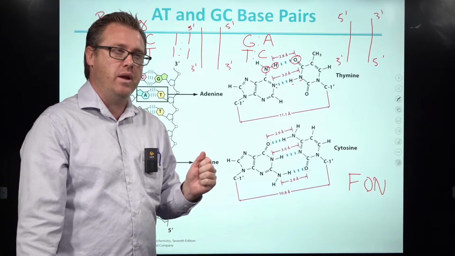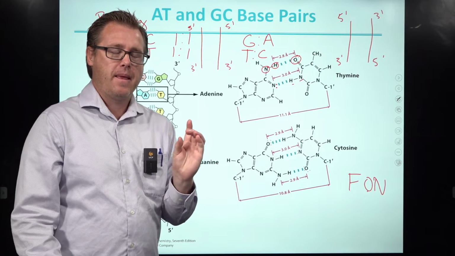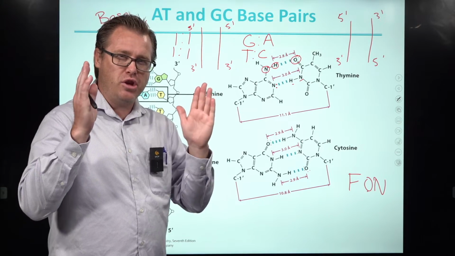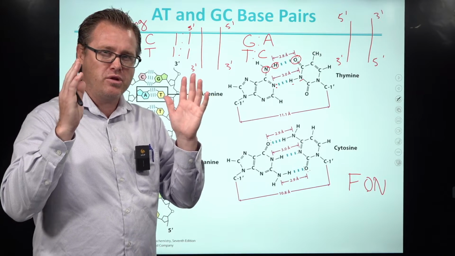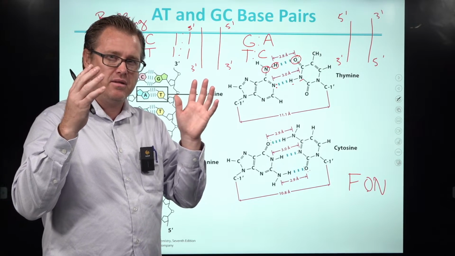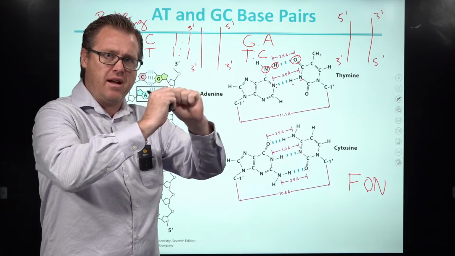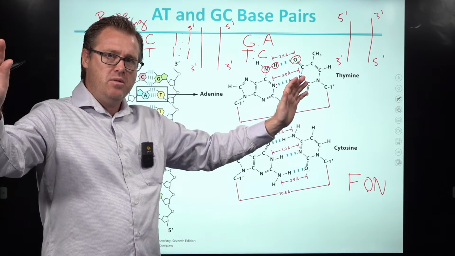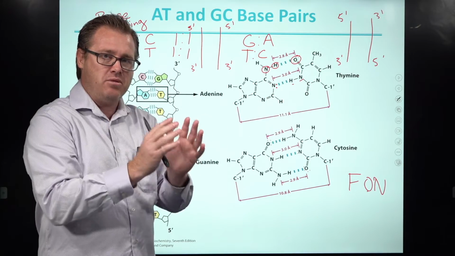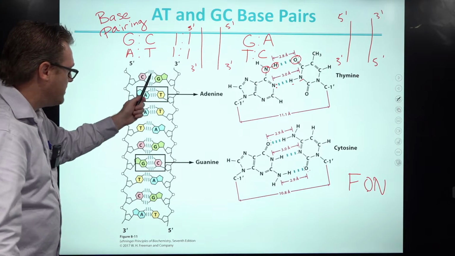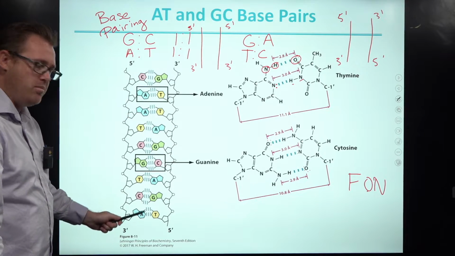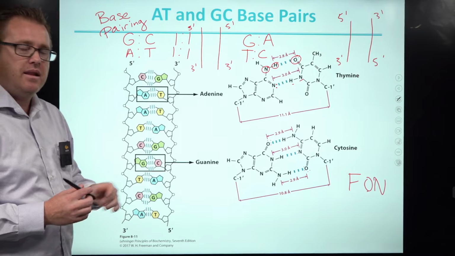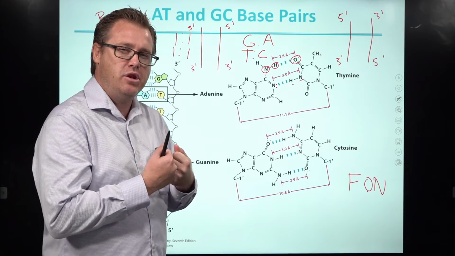What's holding those 2 backbones, or those 2 DNA strands together? Because they could technically just float away, right? But DNA is a double-stranded molecule, and it's because of these hydrogen bonds that holds the 2 strands together.